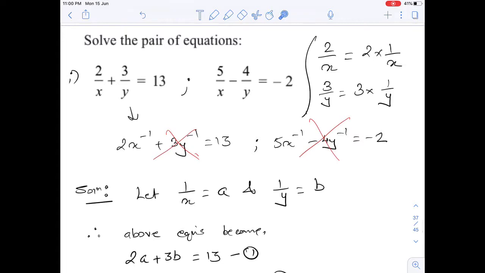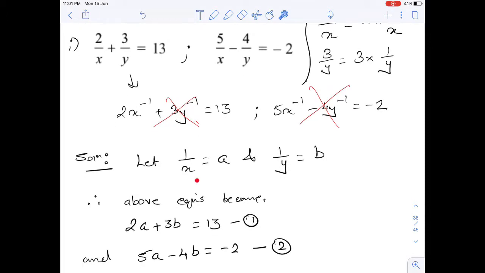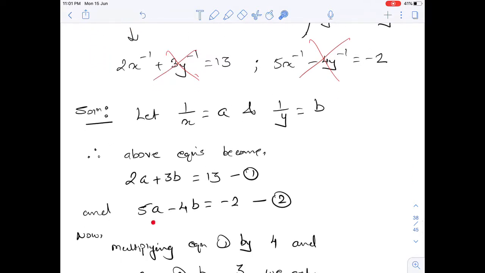First, 2 upon x can be written as 2 into 1 upon x, and 3 upon y can be written as 3 into 1 upon y. So we considered 1 upon x equals a and 1 upon y equals b. Then after putting this, our equation will be changed into this format.